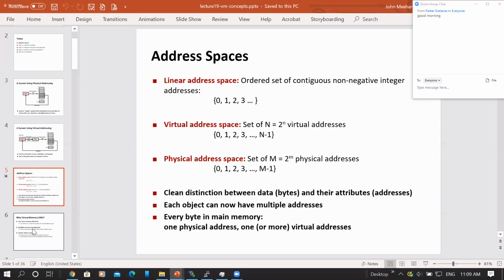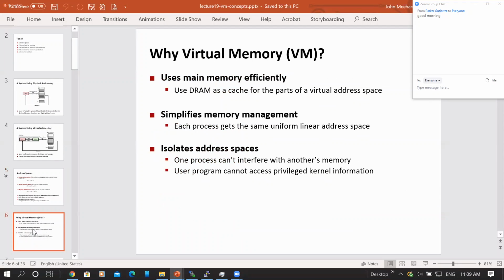So the basic idea is that the DRAM in the computer is going to be used as a sort of cache, once again the same caching concept that we see, to hold slices out of the virtual address space that are currently mapped to slices of physical memory.